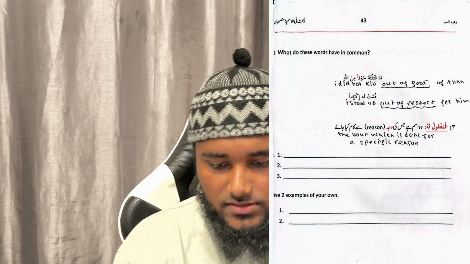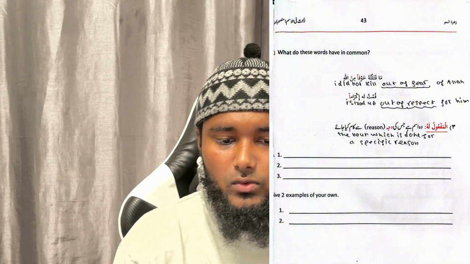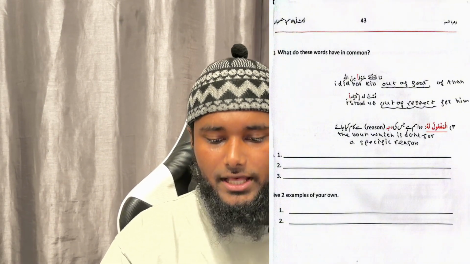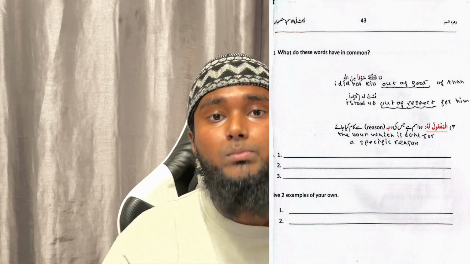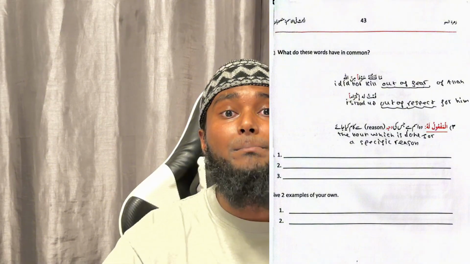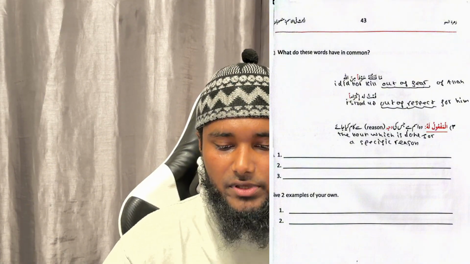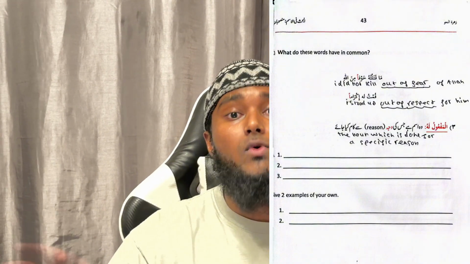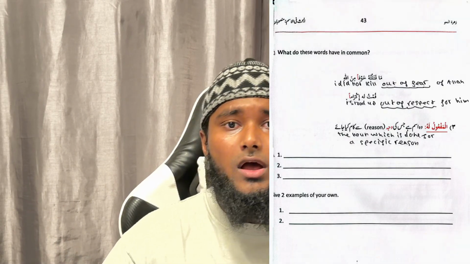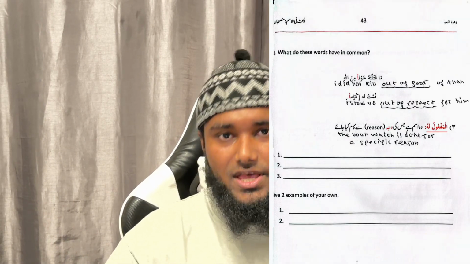And the second example that the author brings here is قمت له إكراما. Qāma means he stood up, qumtu means I stood up. Lahu means for him. So قمت له, I stood up for him. And then it says إكراما.